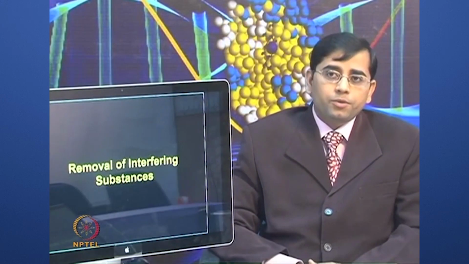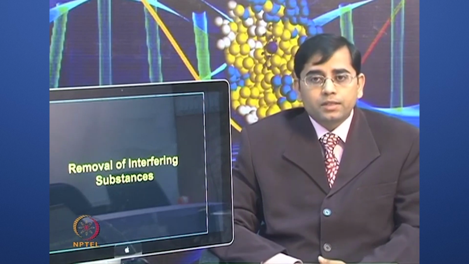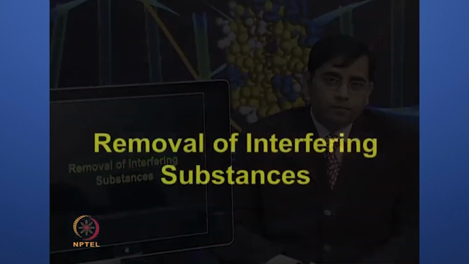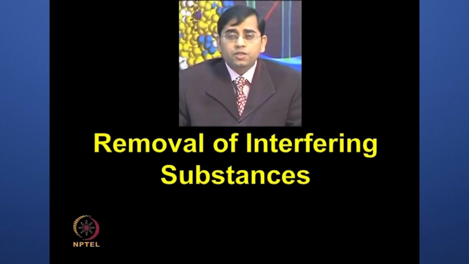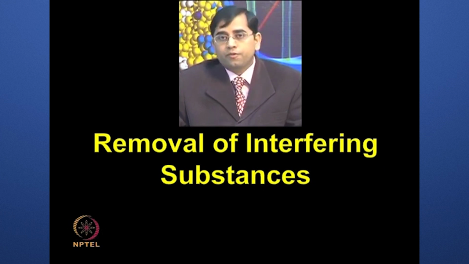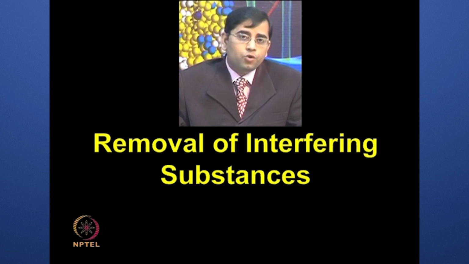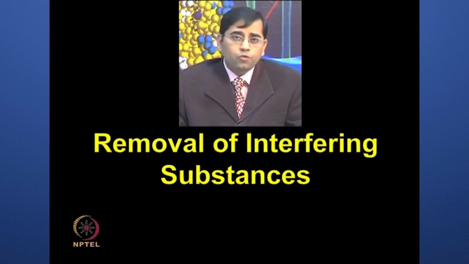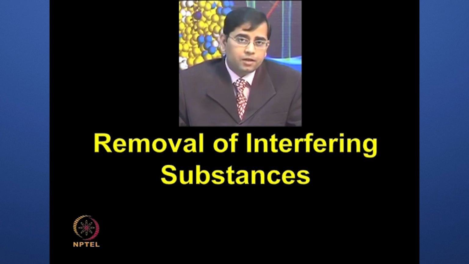Now, let us talk about how to remove the interfering substances, because as I mentioned, the interfering substances are very detrimental for any proteomic application, whether you want to perform 2-dimensional gel electrophoresis, or you want to go for direct LC-MS based applications, or surface plasmon resonance label-free proteomic techniques, or you want to apply on protein microarrays.